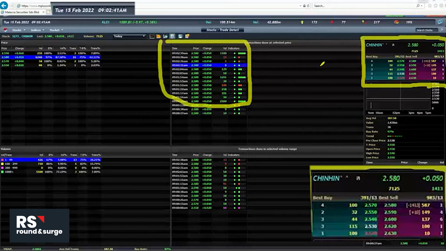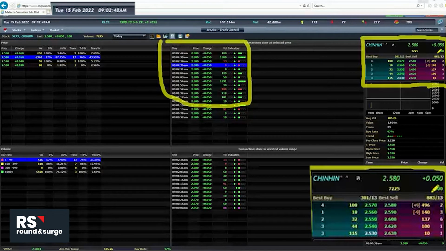Oh, it came in 2000 plus at 258, refilled at 2000 plus. That's a lot. So at that time you need to be very sensitive and sharp when you look into this kind of transaction pattern.